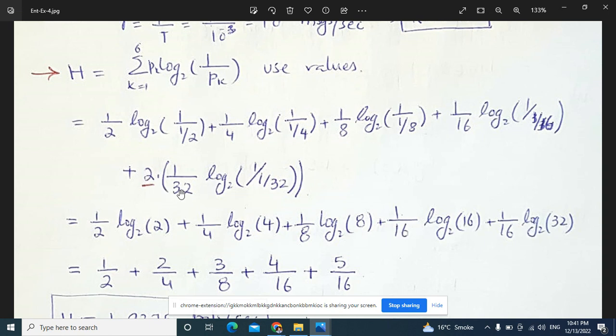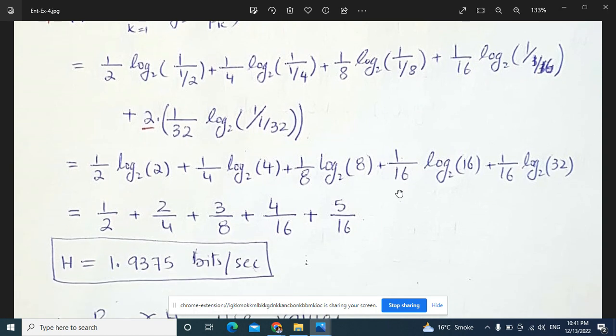Because this is 2 multiplied by 1 by 32, the answer is 1 by 16. Log 2 of 2 is 1, so that is 1 by 2. Log 2 of 4 is 2, so that is 2 by 4. Log 2 of 8 is 3, so that is 3 by 8. Log 2 of 16 is 4, so that is 4 by 16. Log 2 of 32 is 5, so that is 5 by 16.